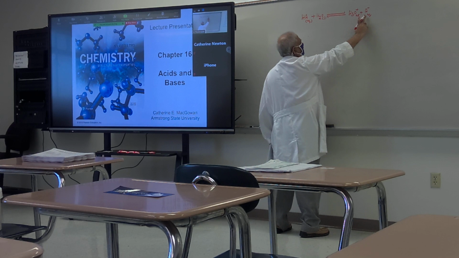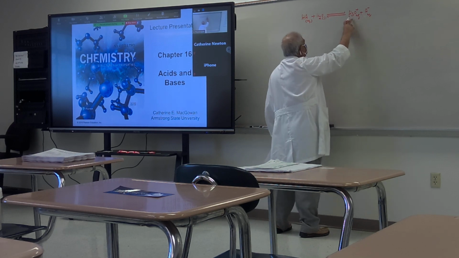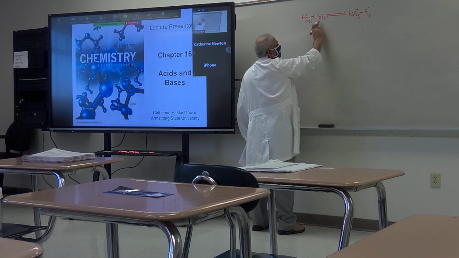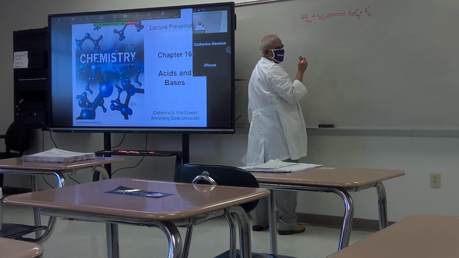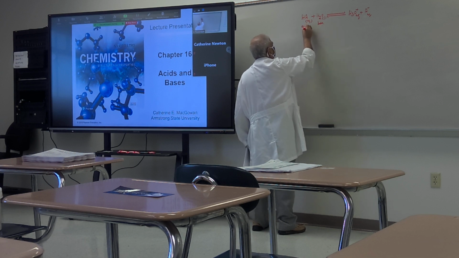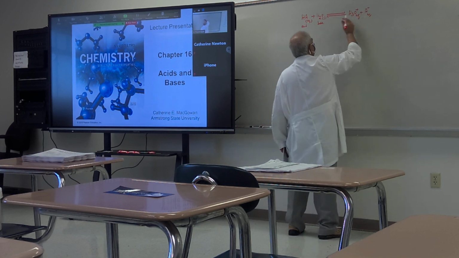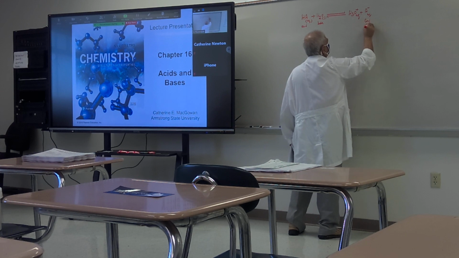And we said this is the conjugate base and this is the conjugate acid. Because what is this? Anything that accepts a proton is a base. This is a base. Anything that gives a proton is an acid. And this is the one which accepts the proton. If you read the reaction from right to left, this we call what?